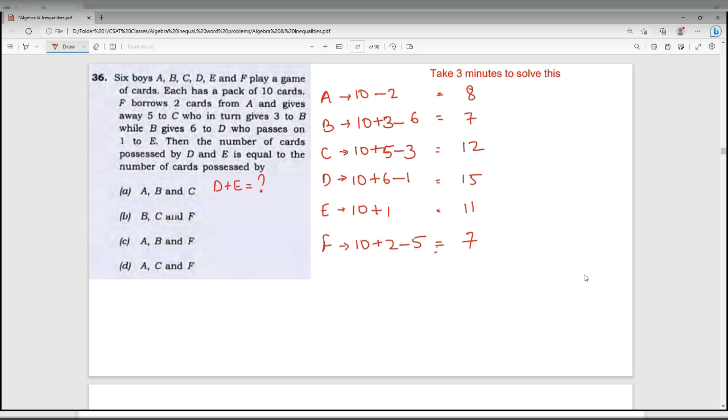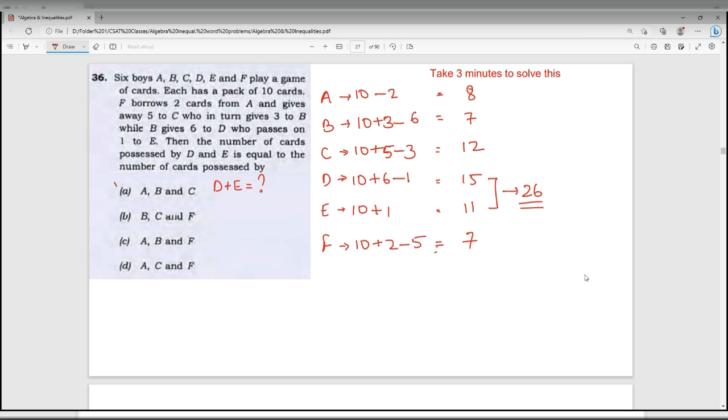So they are saying the number of cards possessed by D and E together is 26. We need to find which 3 combinations give rise to 26. A, B, and C: 8 plus 7 is 15, and 15 plus 12 is 27.